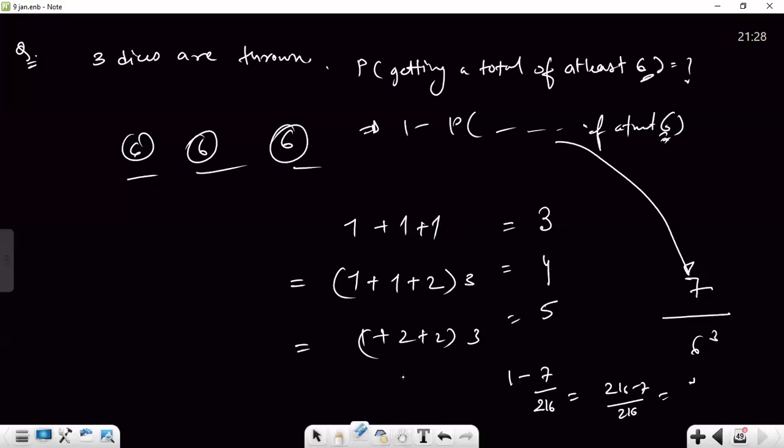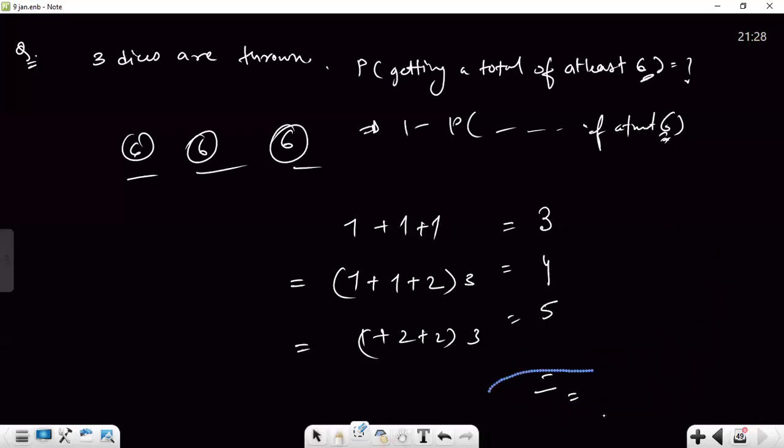Because this question is becoming absurd, and we have to be careful in this type of calculations. 1 plus 2 plus 2. 3 plus 2, no, cannot. 3 plus 1 plus 1. 4 plus 1 plus 0, no. 3 plus 2 plus 0, 0 cannot be any outcome of any dice.